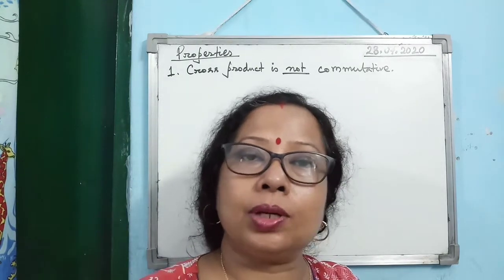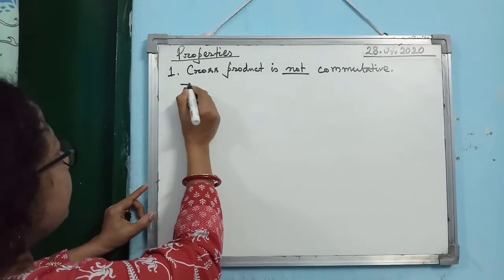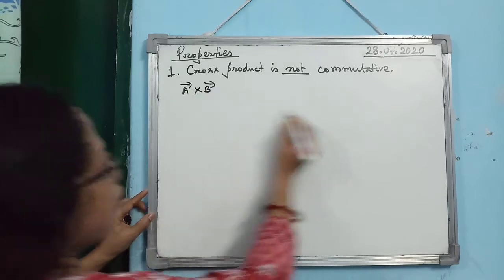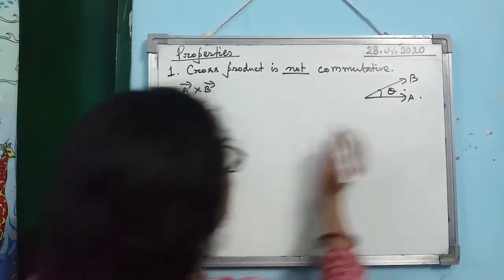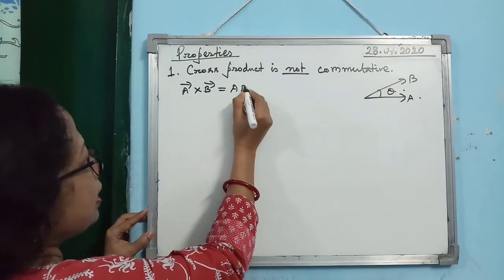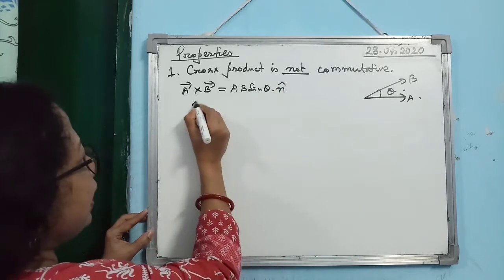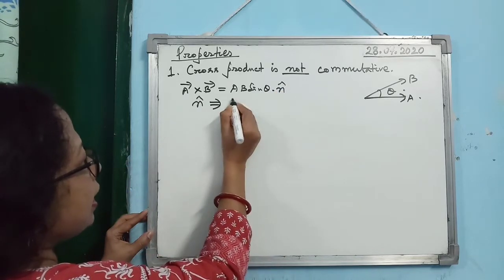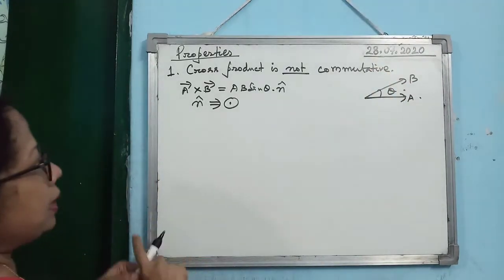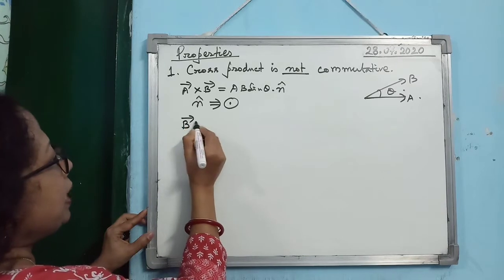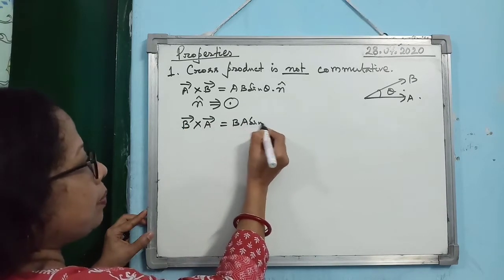A dot B equal to B dot A. But in this case, if you find out A cross B, if you consider that this is A and this is B, angle is theta, then A cross B is AB sin theta into n, and n is in which direction? It is outward.